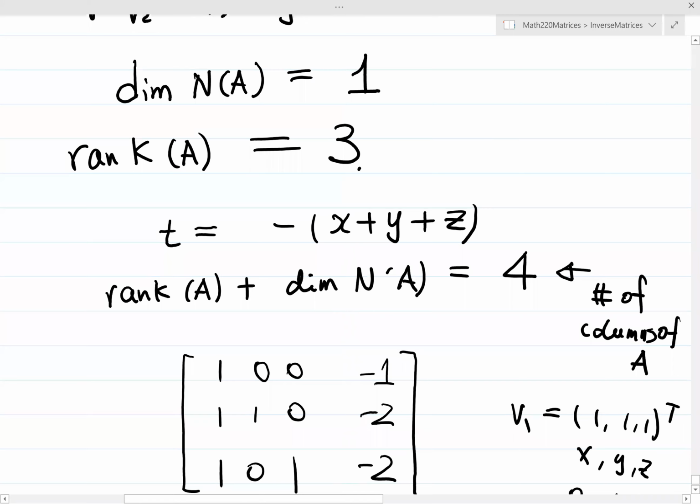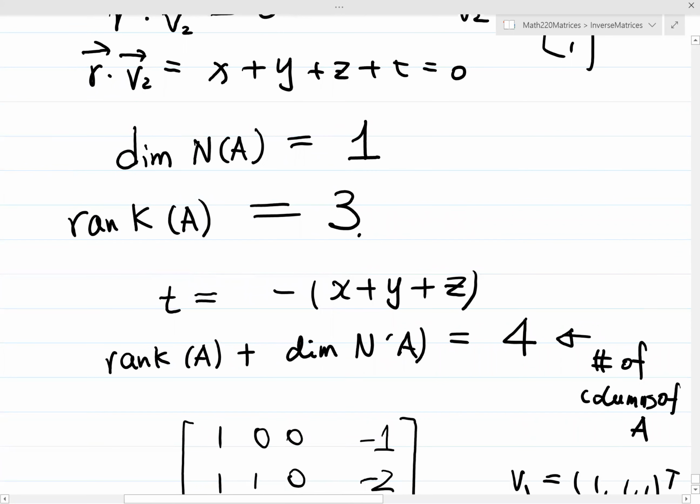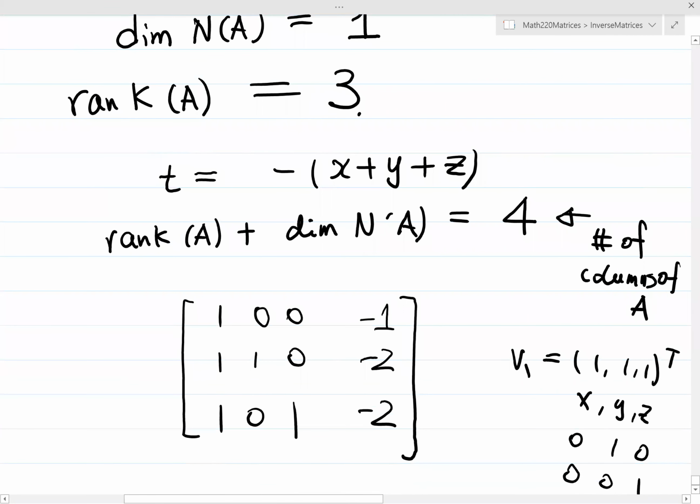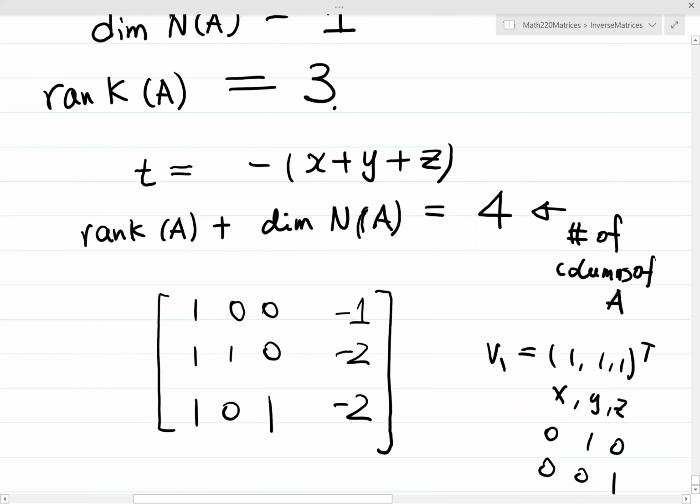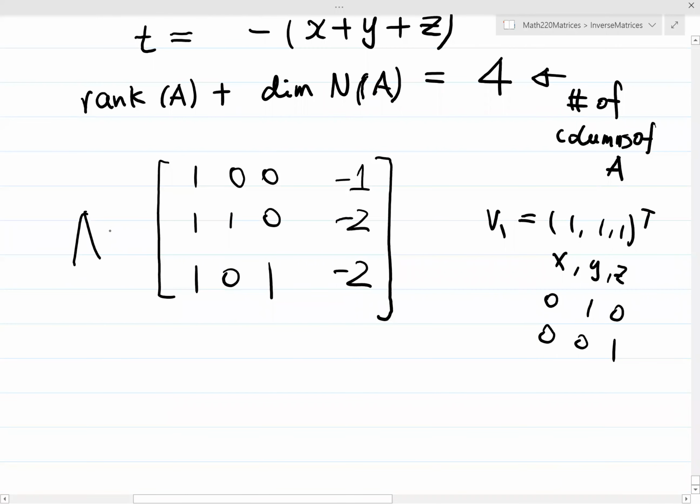Okay, here you need to be really careful. Now with this condition, t being negative x plus y plus z, it gives one condition that the matrix A should satisfy. But you need to make sure that the null space cannot be bigger. Here the null space is given as a one-dimensional space. This choice we just did works.